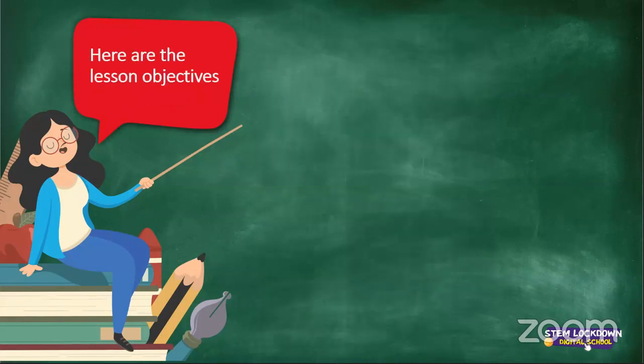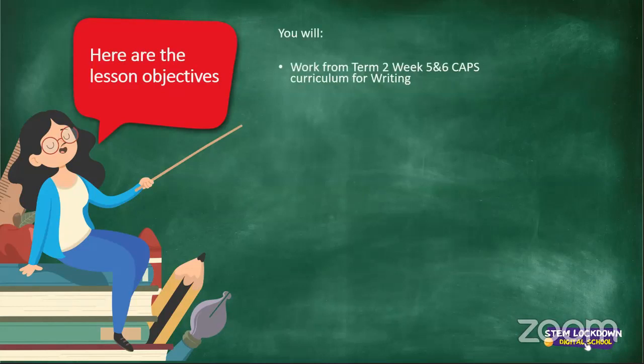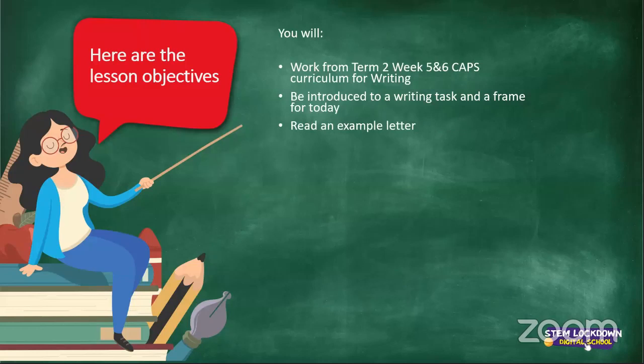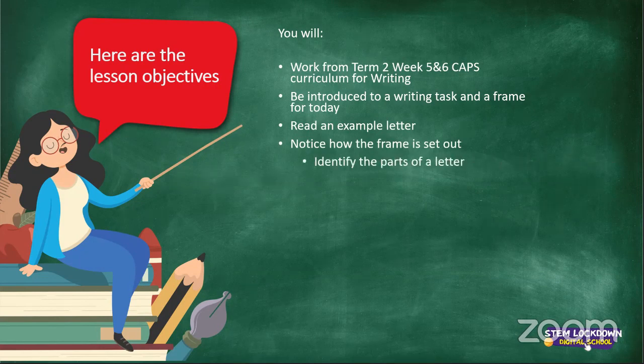So what are we going to do today? We're going to be working from term 2 weeks 5 and 6 for the writing CAPS. We will be introduced to a writing task and a frame for today. You'll read an example letter. You'll notice how the frame is set out.